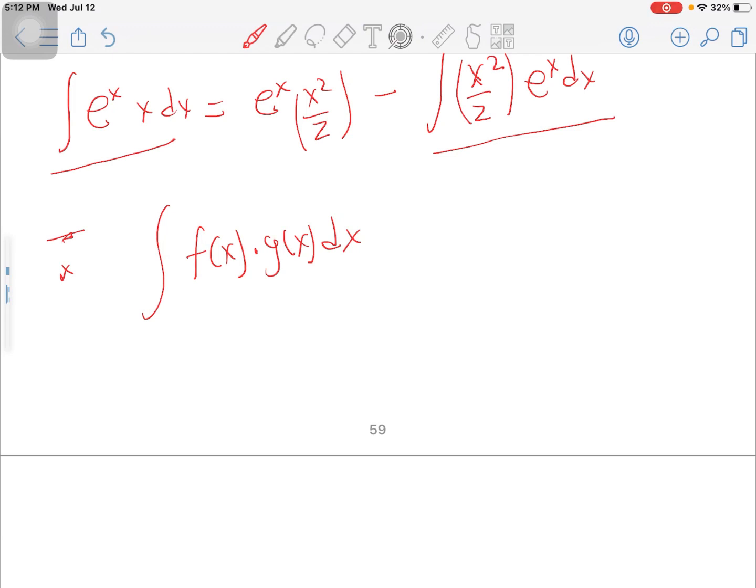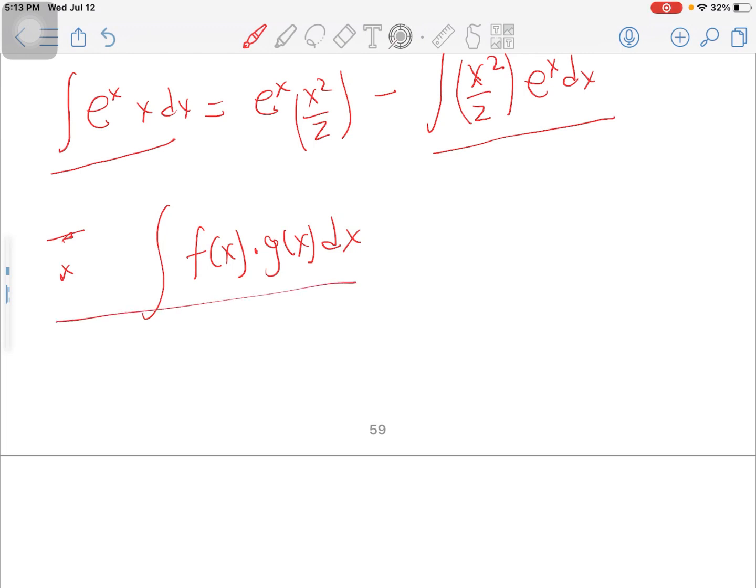When you get something like this, it means two functions are being multiplied together. It can be a polynomial function and an exponential function, an exponential function and a trigonometric function, a trigonometric function and a polynomial function, or even an exponential function and a variable, like what we did earlier on, multiplying together.